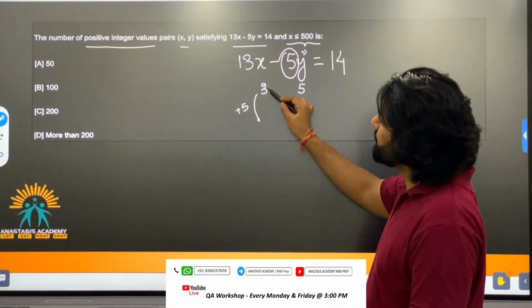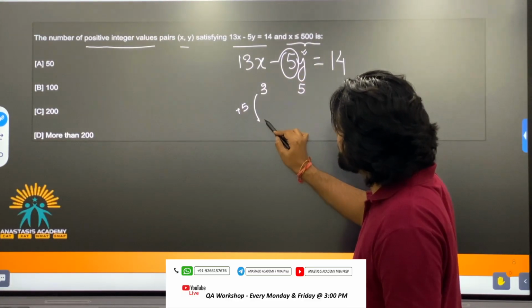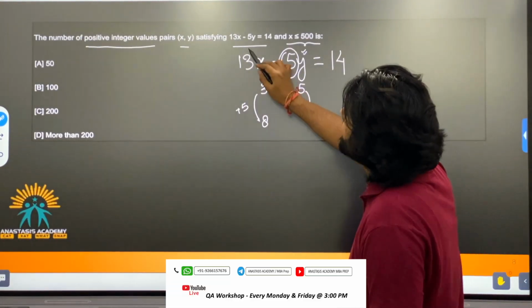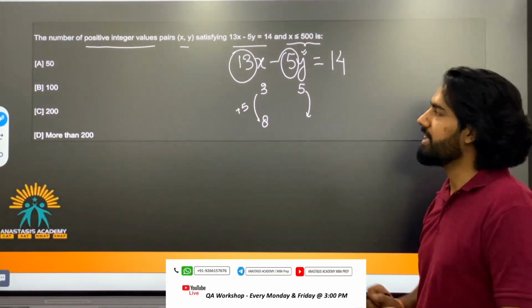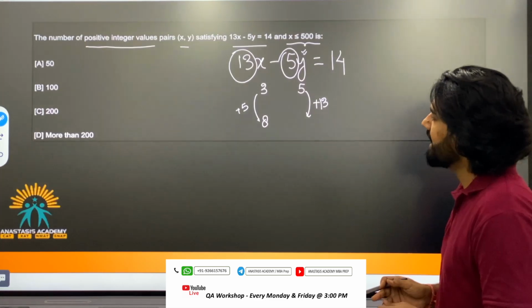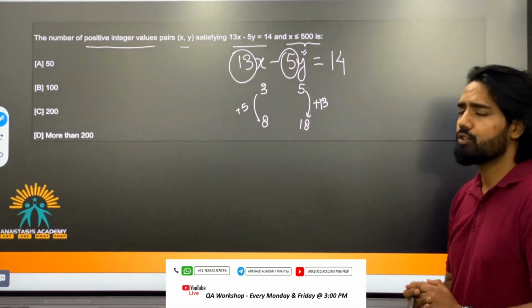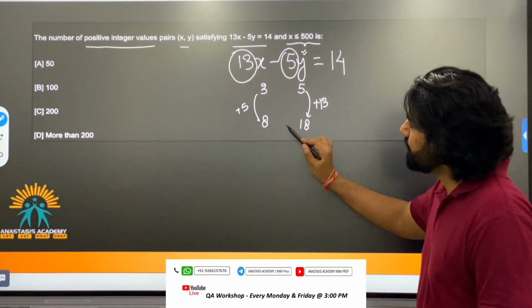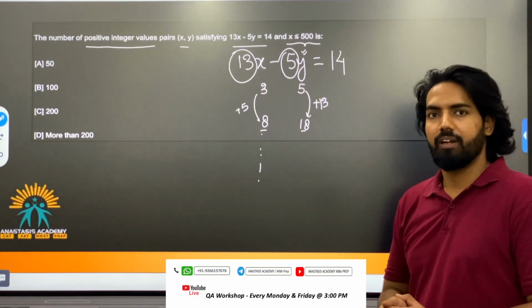So the second solution I will get for x is 3 plus 5, that is x equal to 8. And y will get increased by the value equal to the coefficient of the other variable, that is 13. So the next solution is 5 plus 13, that is 18. So the next integer solution pair for this equation would be 8 and 18, and this will go on, right?